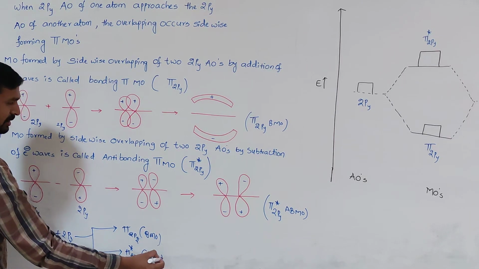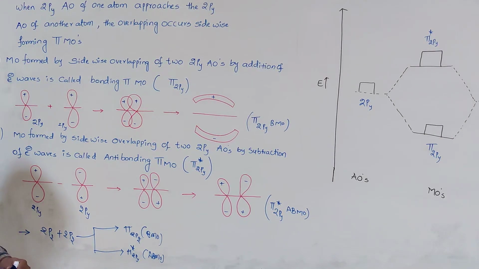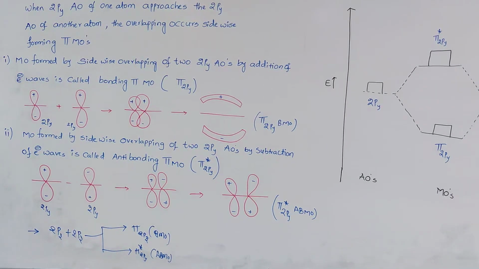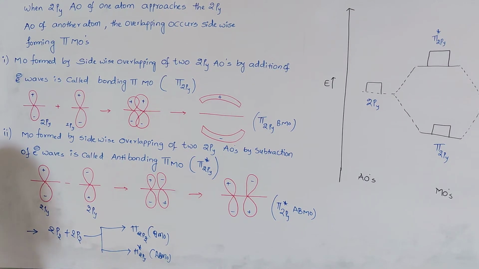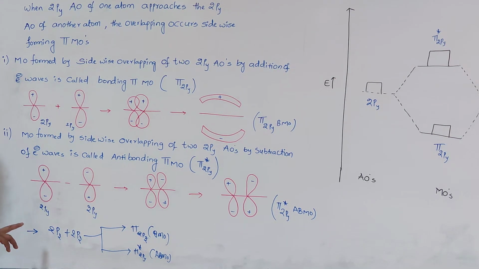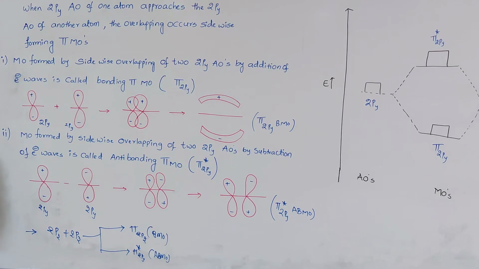That means out of the three p orbitals, one p orbital overlaps axially, which results in two molecular orbitals: sigma 2px and sigma star 2px. And the remaining two p orbitals, 2py and 2pz, can undergo sidewise overlapping, which results in four molecular orbitals.